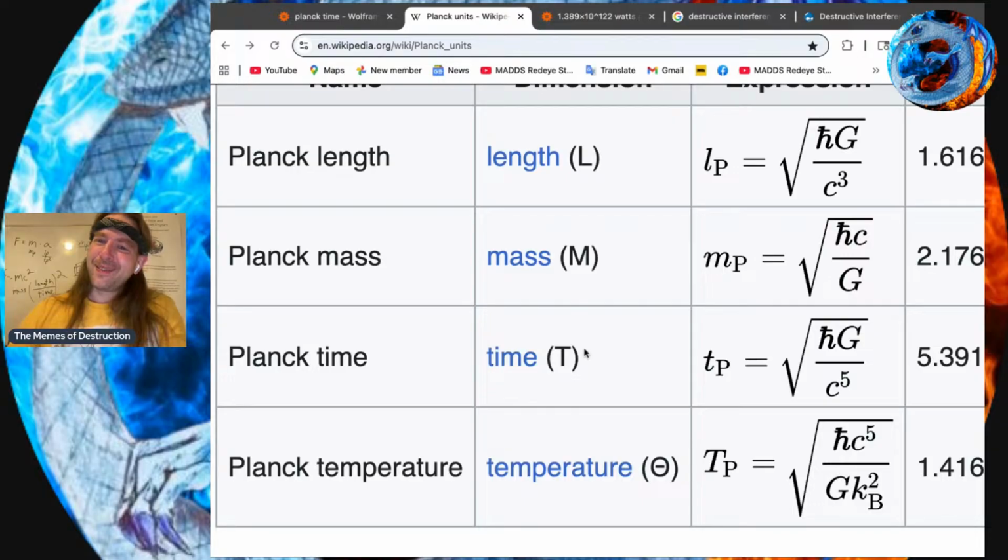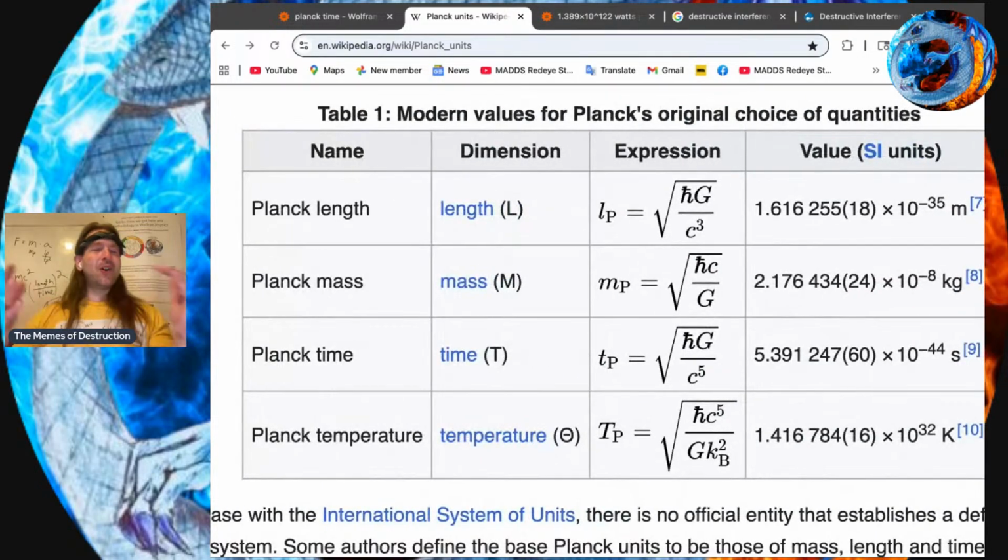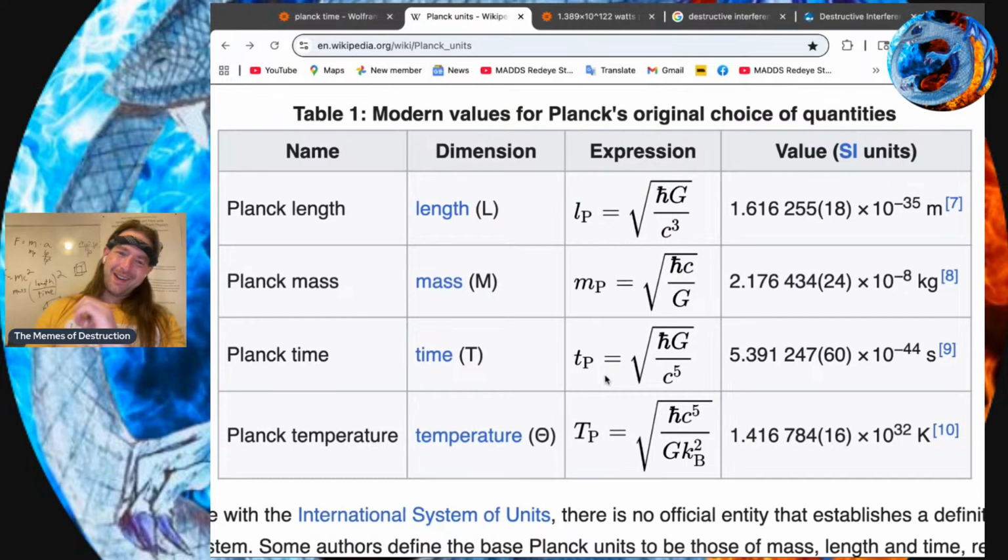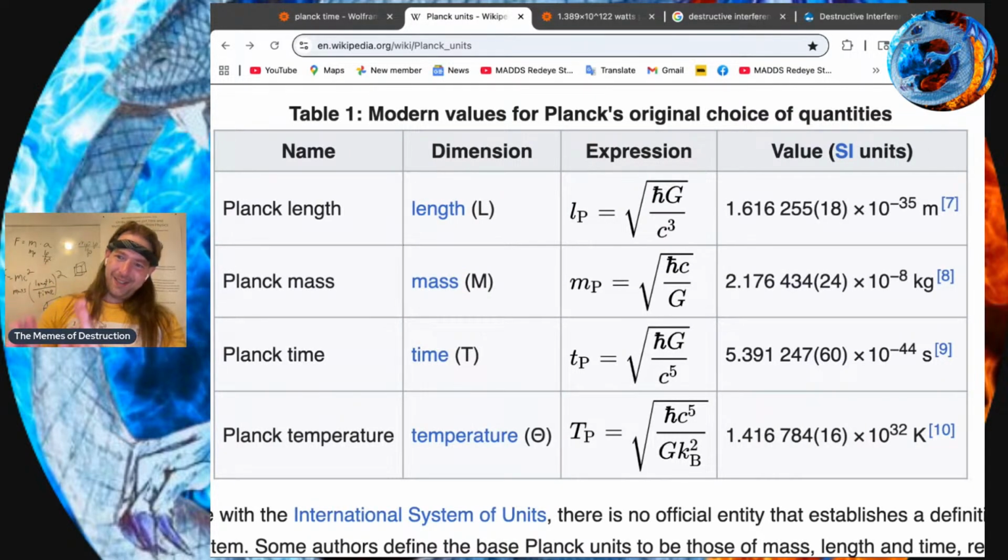But all right, so the Planck time. As far as we know, according to the best of our measurements right now, we believe that we run into these units. So basically, we have a minimum of time.